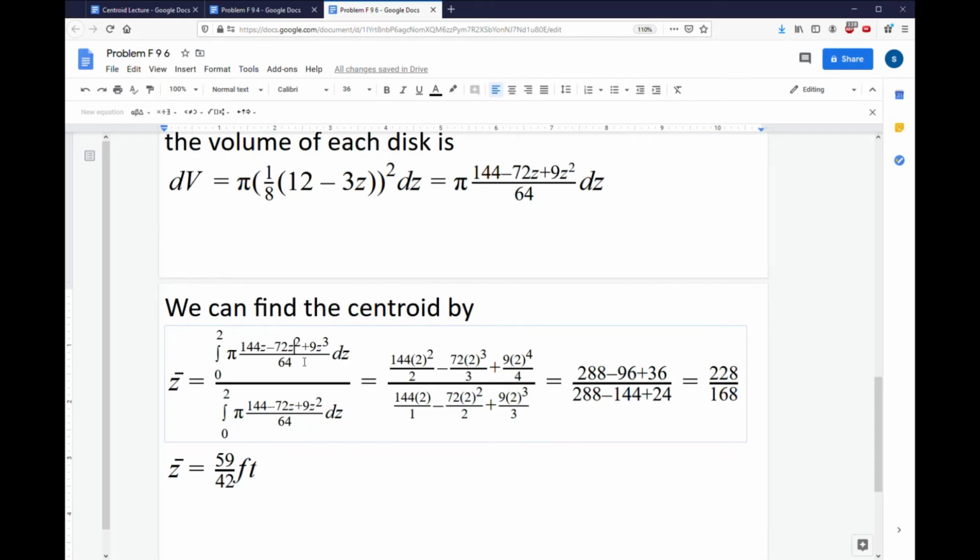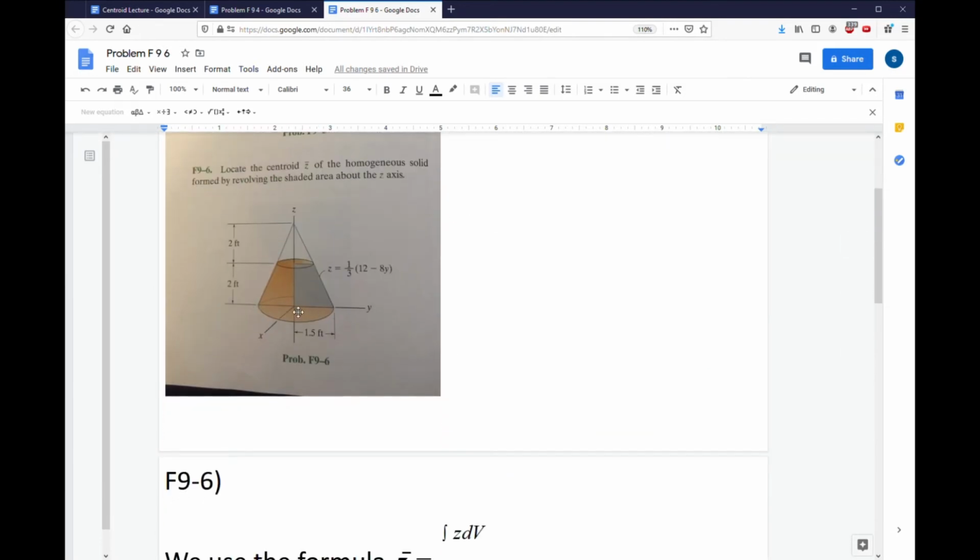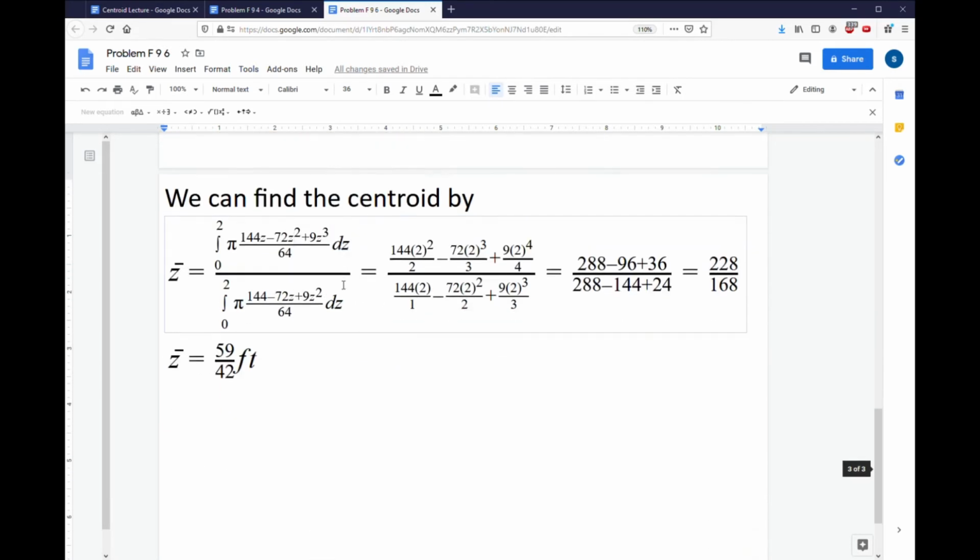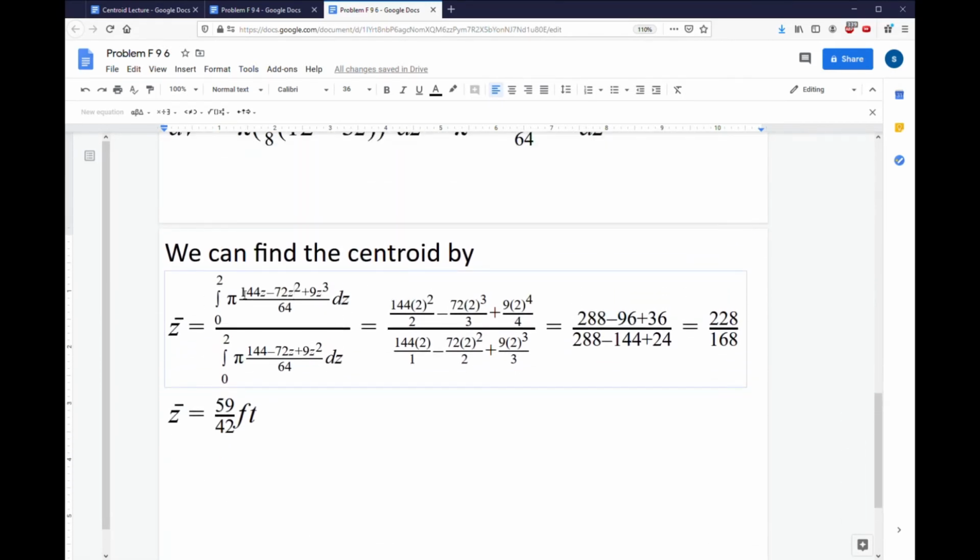Integrating these terms, and again realizing that the boundaries go from 0 to 2, because z goes from 0 at the bottom point to 2 at the top point, 144z integrates to 1/2 times 144z squared. Negative 72z squared integrates to negative 72 over 3 z cubed.